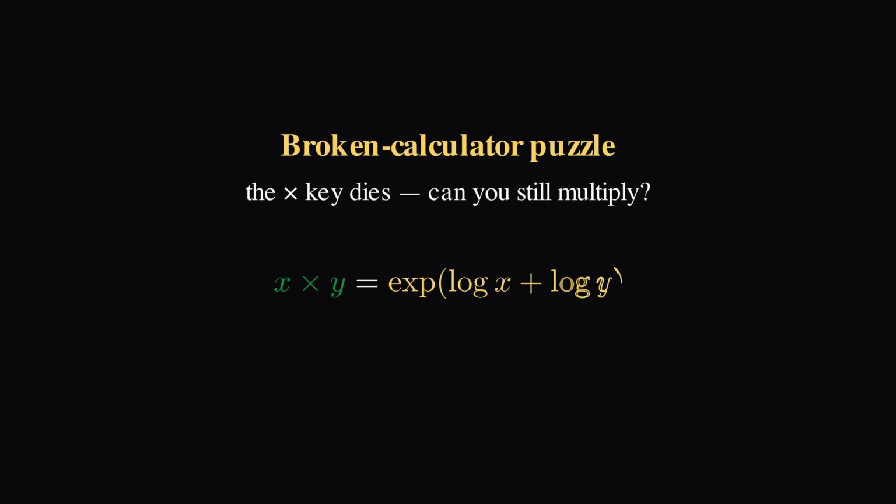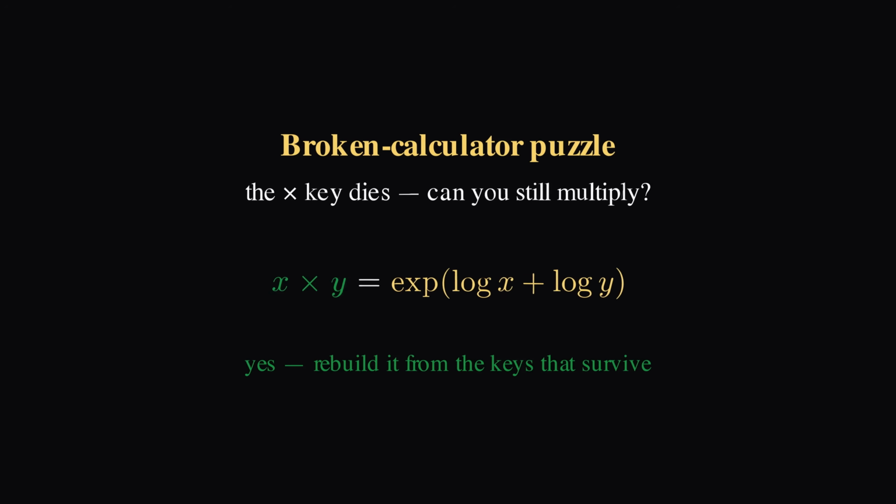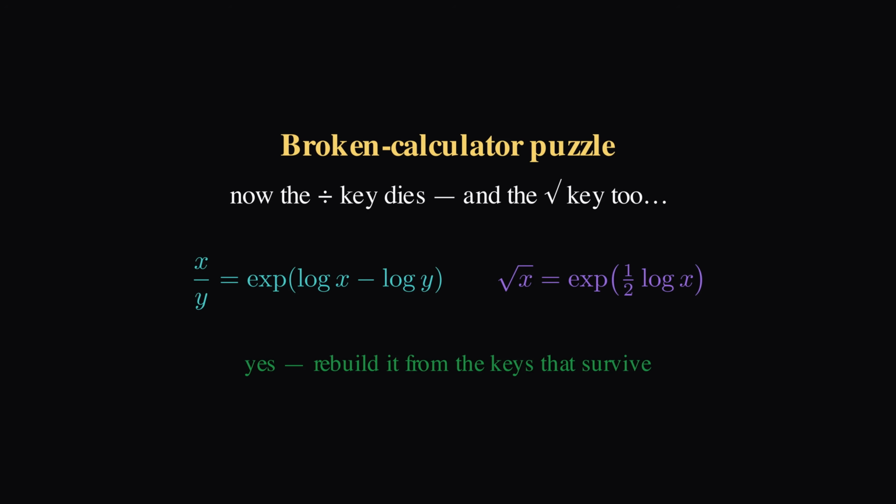One way to discover this kind of basis is to play a broken calculator game. Suppose the multiplication key has died. Can you still multiply? You can if exponential and logarithms survive. We can break division and square root, comparably. They can also be rebuilt from surviving keys.